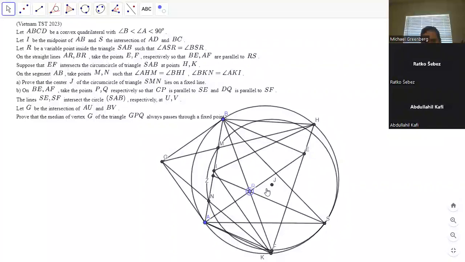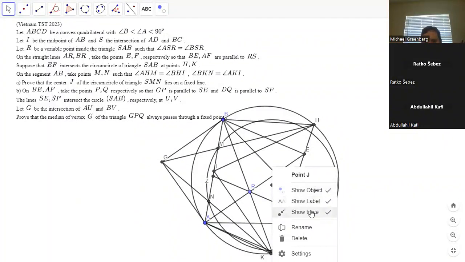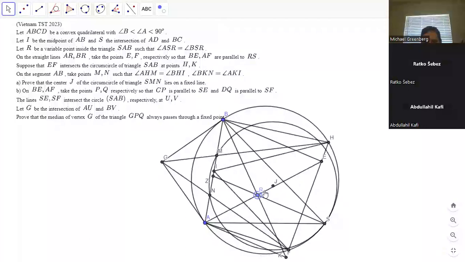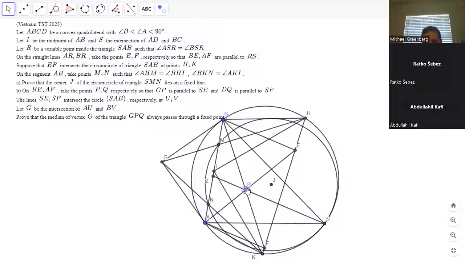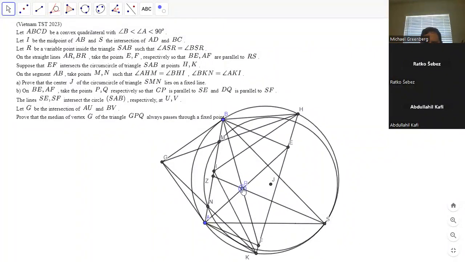It looks like SMN is tangent to ABC. Okay. That would just mean that SN and SM are isogonal. So if SM and SN were isogonal, that would mean the circle's tangent. And then that would solve the problem, because J would lie on the line connecting the circumcenter of ABC to S. And maybe this is the isogonal line lemma or something. Not sure.